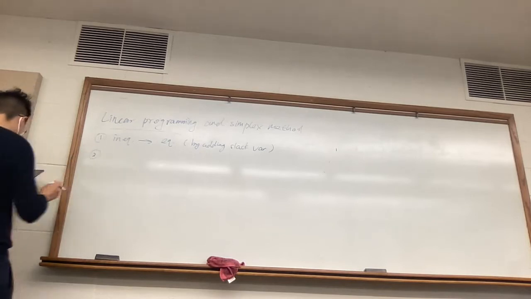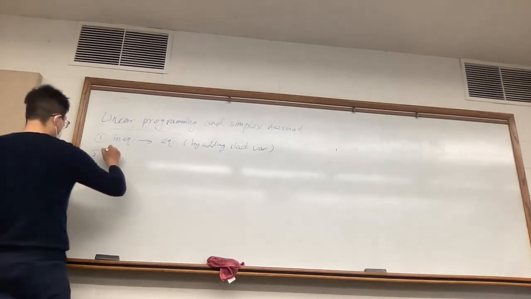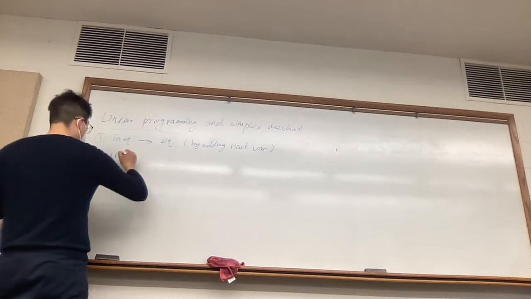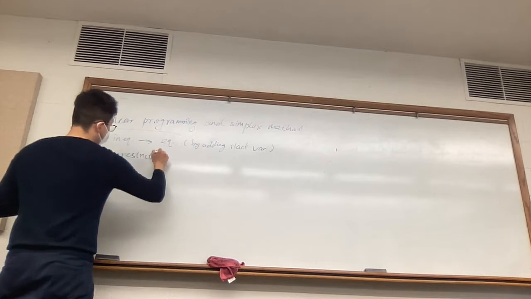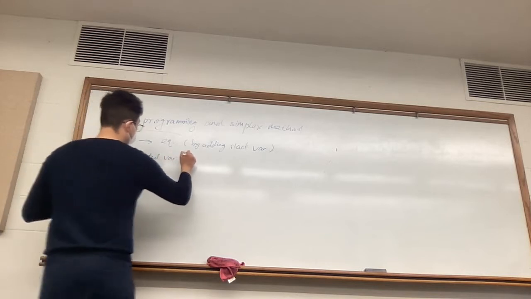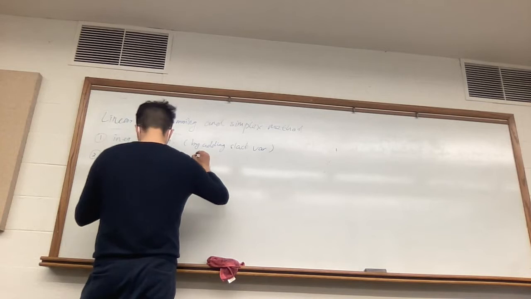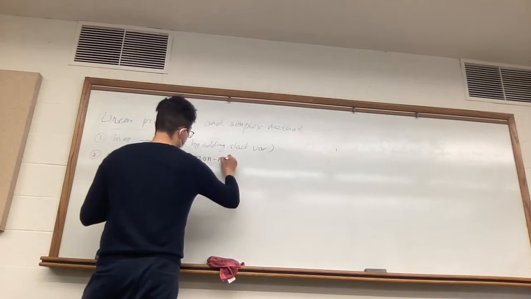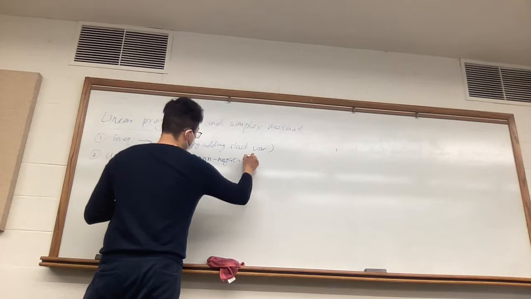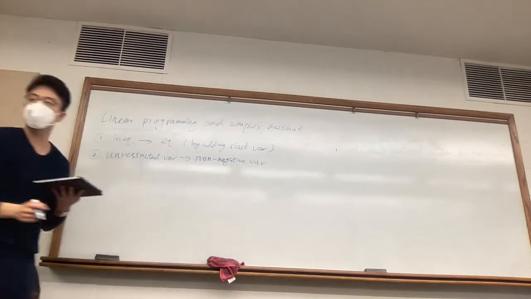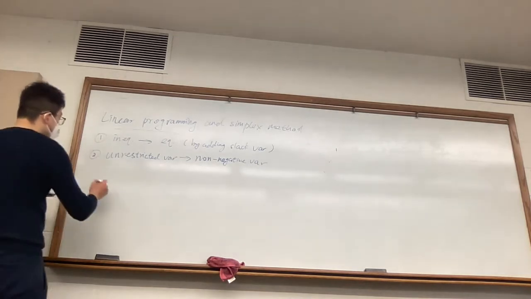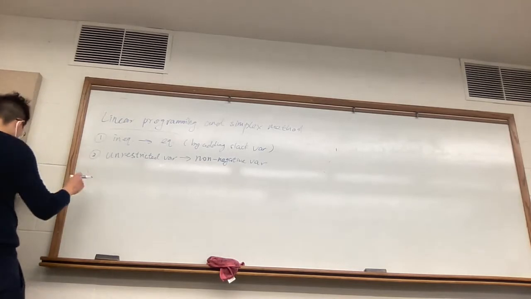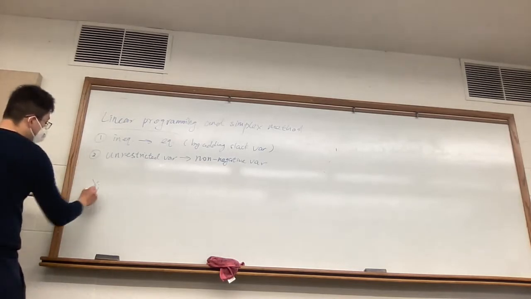And now let's see the second point. The second point is that we want to make unrestricted variable to be non-negative variable. So what does this mean? So suppose you have some xi.